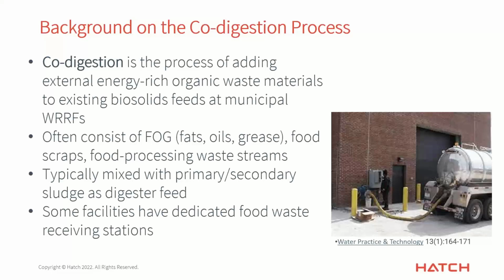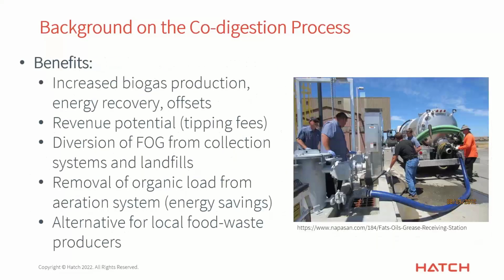So typically these things are mixed along with the primary and secondary sludge and then sent into that digester. And sometimes that's done in various different ways. There's a number of facilities that I've worked at that had dedicated food waste receiving stations that made it nice and easy for the operators to come in and accept that waste in an efficient way.